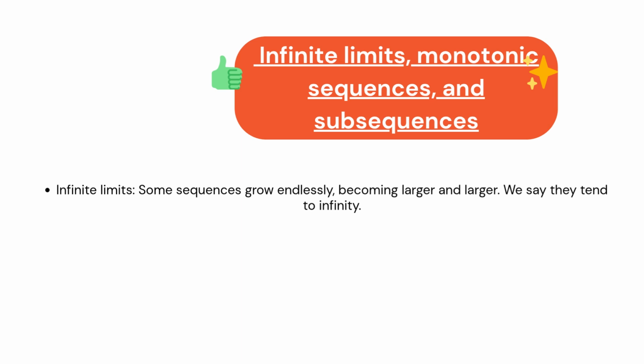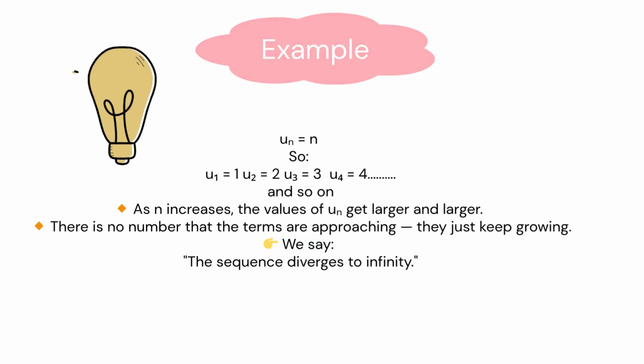Infinite limits, monotonic sequences, and subsequences. Infinite limits. Some sequences grow endlessly, becoming larger and larger. We say that they tend to infinity. Example: u_n equals n.